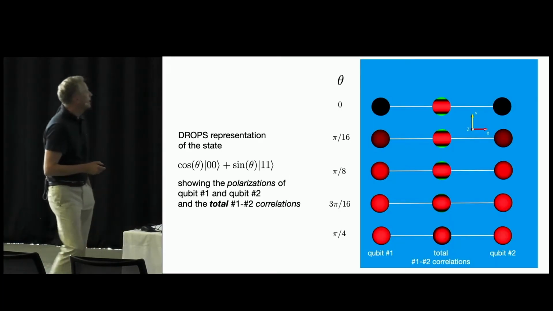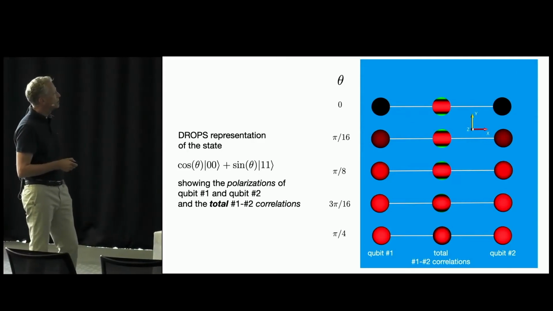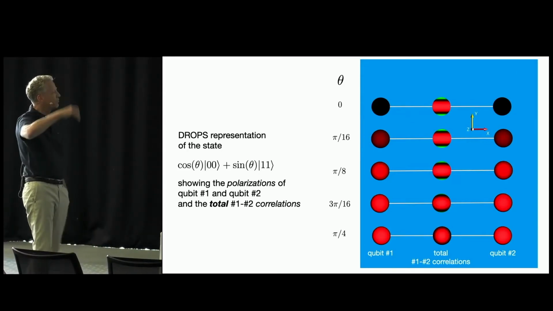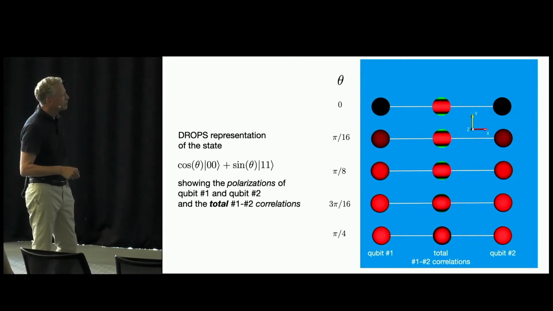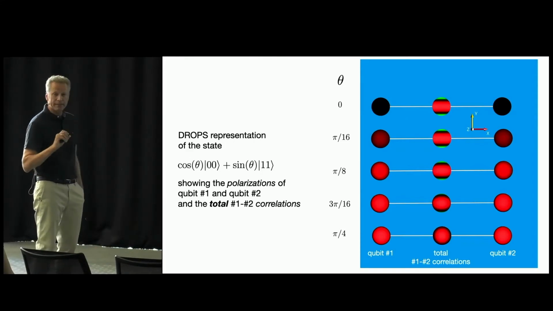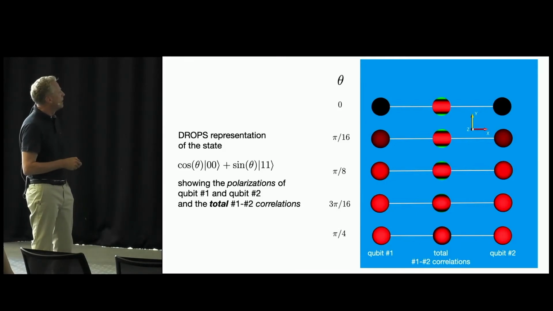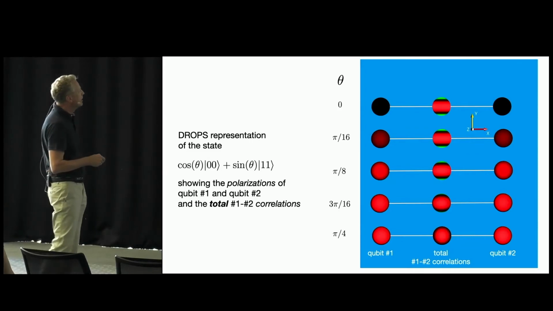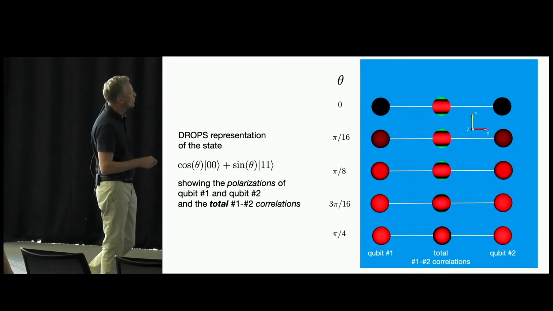We looked at superposition, which was easy also. Now what about entanglement? Here is a representation, again with this kind of top view. We have 3 qubits, and we look at the 2-spin correlations, like we plotted before. What we change here is this angle. Basically, it's the Schmidt angle of this superposition of the 0, 0 and 1, 1 state.